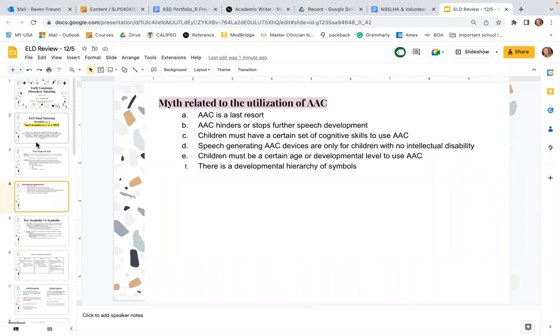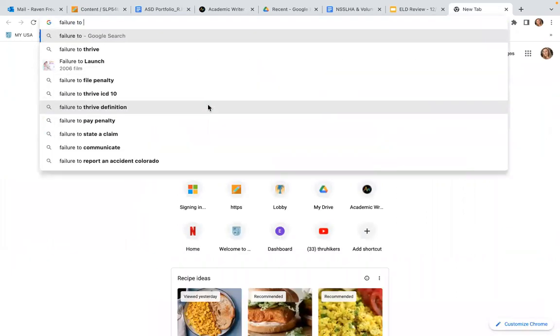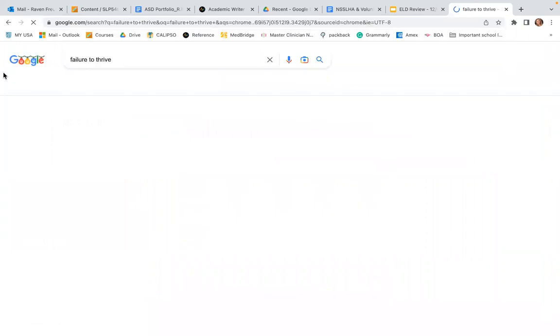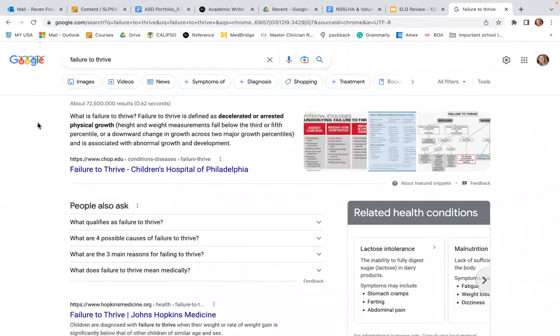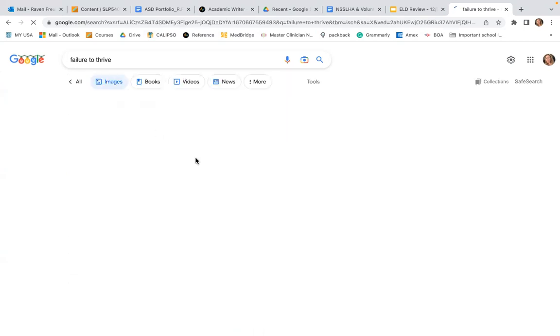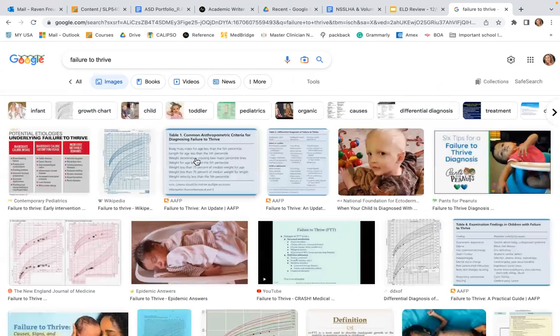I'm just going to Google this right now, failure to thrive. I'm thinking it has to do with failure to thrive, where the physical growth of the infant is stunted or halted. And there are many different reasons for this.